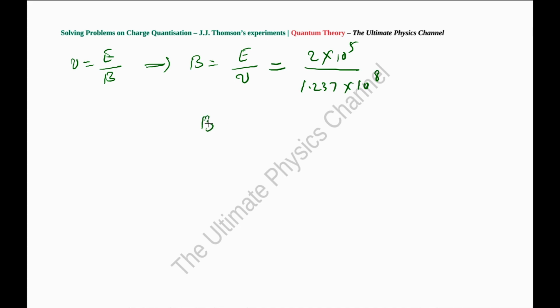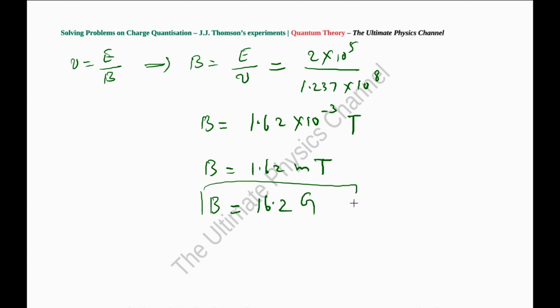If this is worked out, we get 1.62 into 10 power minus 3 Tesla, or B is equal to 1.62 millitesla. Of course, in Gauss units we can express it as 16.2 Gauss. So that is the answer.